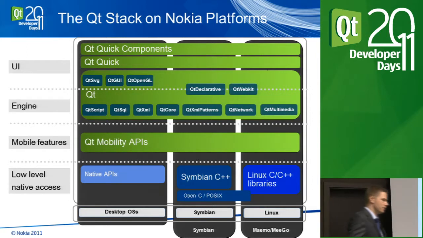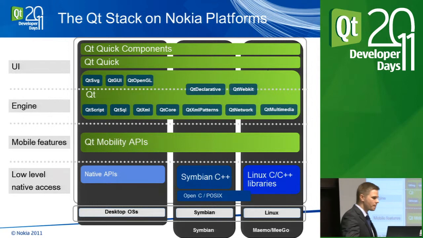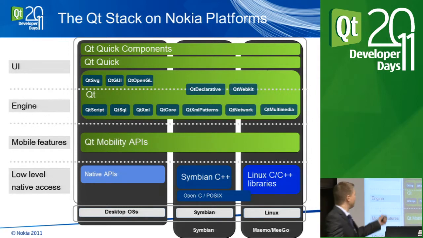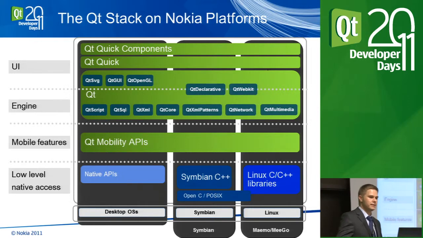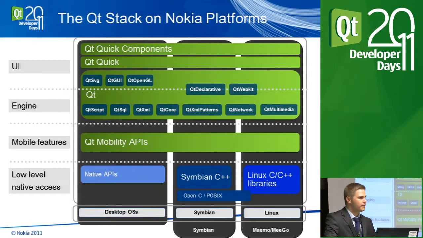What we can see here is a number of Qt-related layers. Qt itself as a layer here, including all the Qt modules that are included in Qt. But then we also have the Qt Mobility APIs, which is a part of Qt these days.